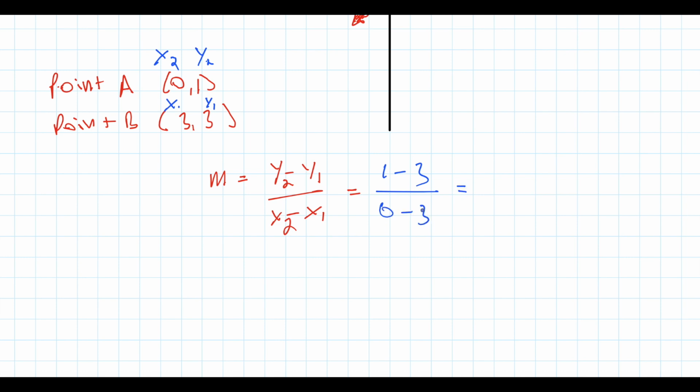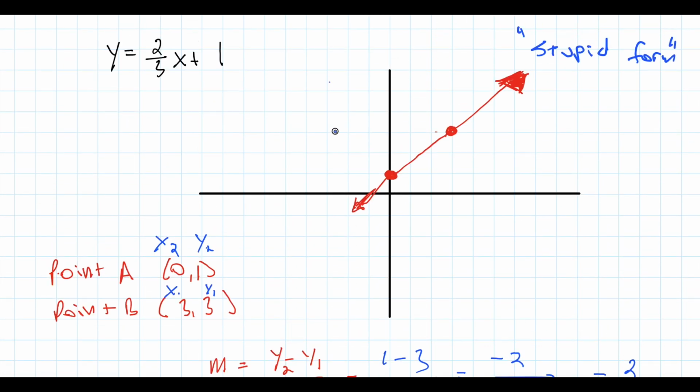Which is... on top I get negative 2, negative 3, which is 2 over 3. All right, that's our guy right there. Bam.